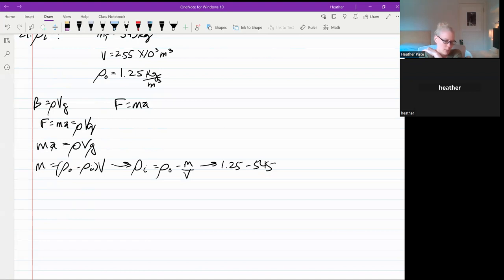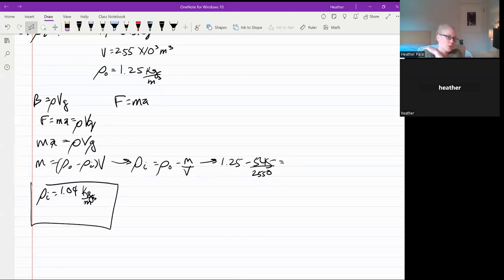And we get rho I equals 1.04 kilograms per meter cubed. All right, so that is the answer to 21, and I will see you for the next set of problems.